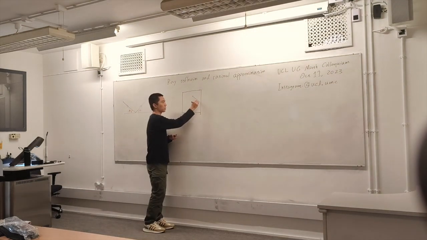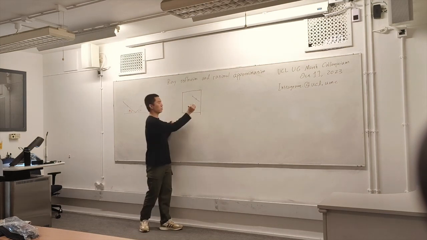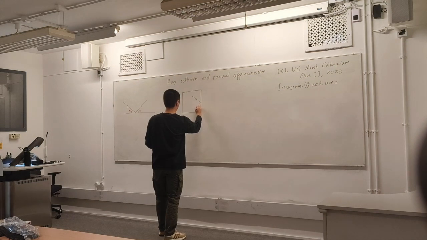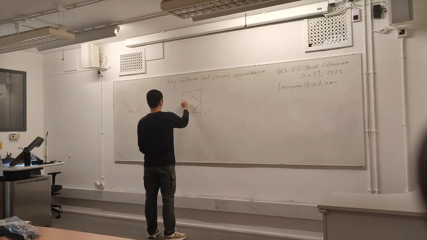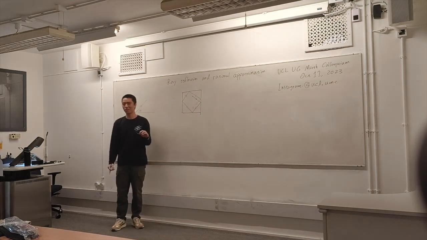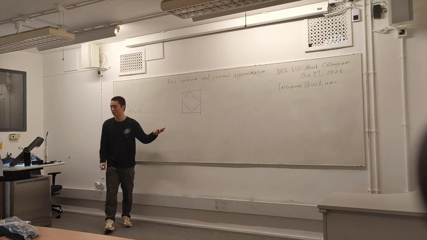It reflects according to the law of reflection, and then reflects again. The basic idea is that it just keeps reflecting, and we want to study the behavior of the reflection.